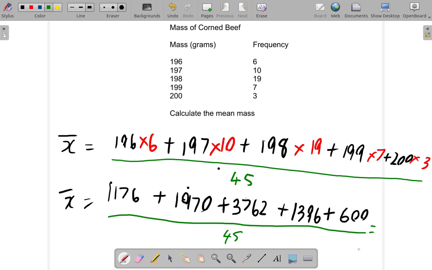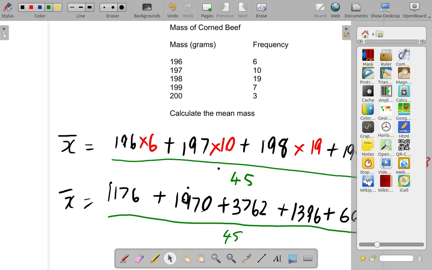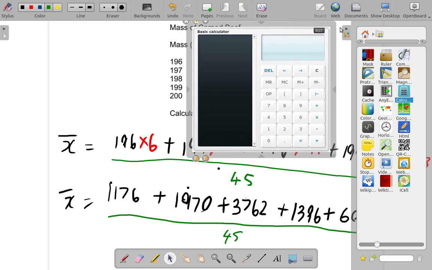By the way, I could just use my calculator. Let me see if I have my calculator so you can clearly see my calculation. Good, I have my calculator here.